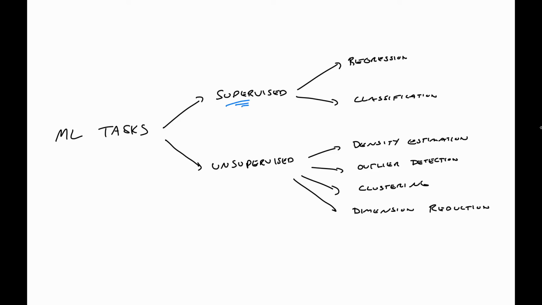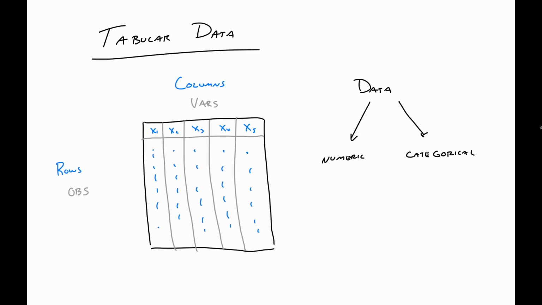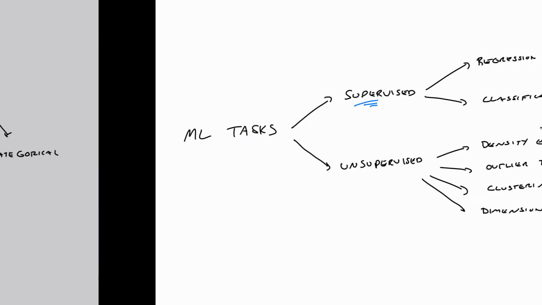So what I want to do now is go through and give a brief description of each of these as it pertains to tabular data. So let's talk about supervised versus unsupervised real quick. The distinction here is pretty simple.